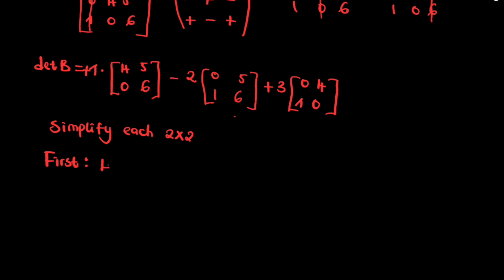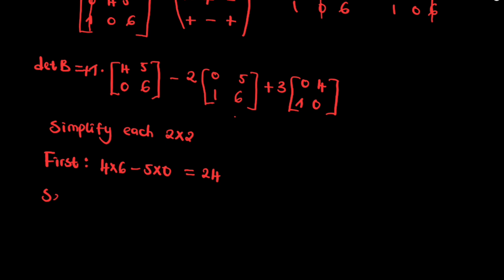So we have 4 times 6 minus 5 times 0. So we are cross multiplying. We take 4 times 6, that is the elements at the leading diagonal, subtracted by those which are not at the leading diagonal. So this gives us 24.